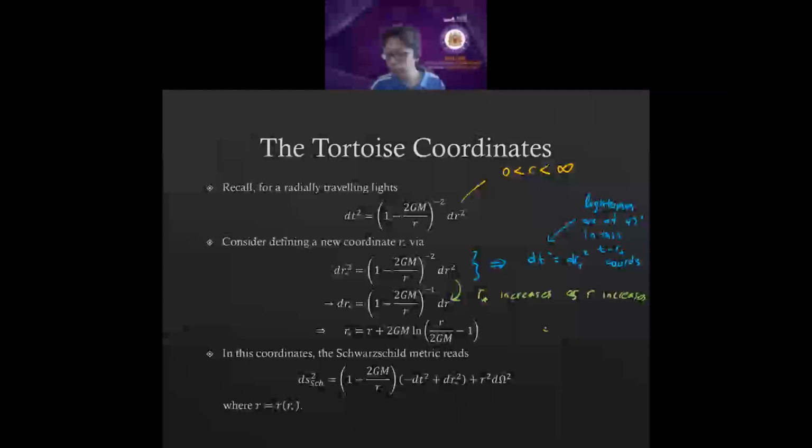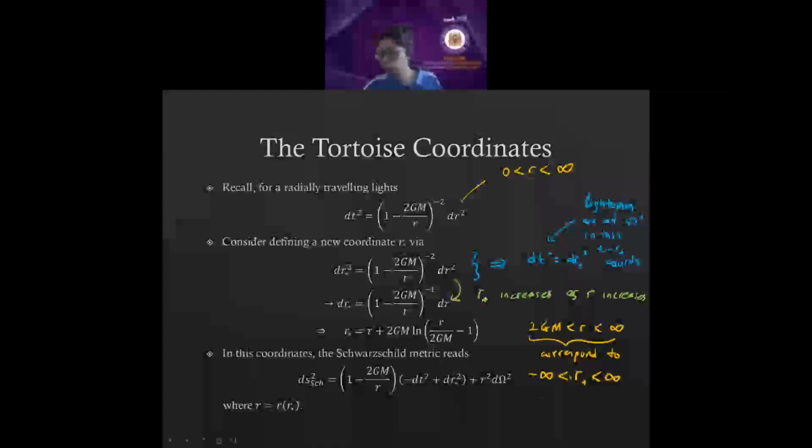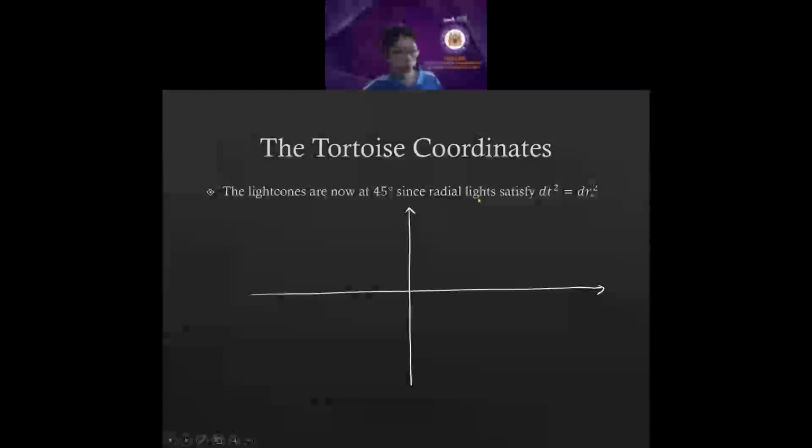It can only cover r from 2GM to infinity, and this corresponds to r star from minus infinity to infinity. Okay, given this, we can then try to draw the diagram.